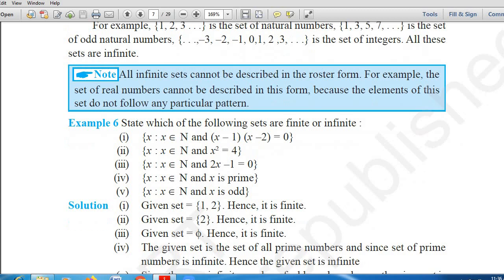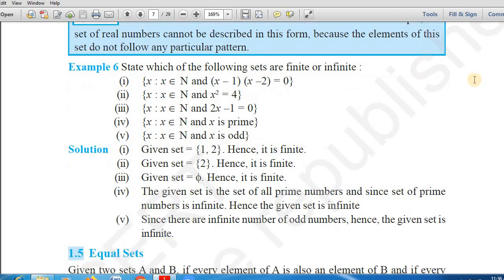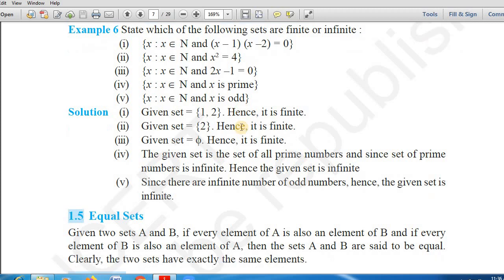Next, look at a few examples given in set builder form. In example 6 sub 1, x belongs to N, x is natural, and (x minus 1)(x minus 2) is equal to 0.